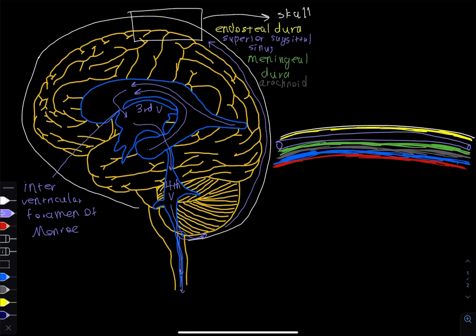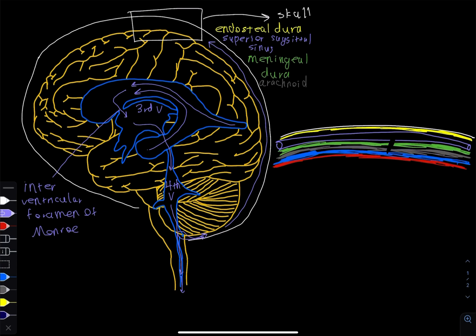And when it's around the area where the superior sagittal sinus is, we're going to have these channels called the arachnoid villi. I'm going to erase part of this to represent the arachnoid villi. It looks kind of like this. It's a channel between the superior sagittal sinus and the subarachnoid space.